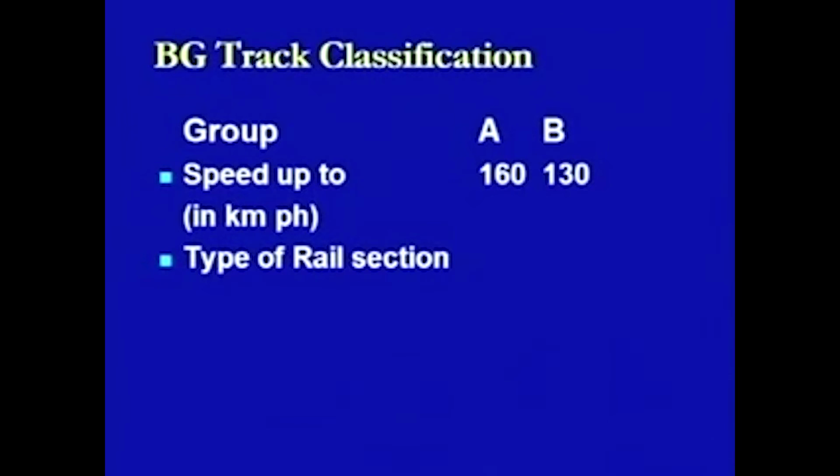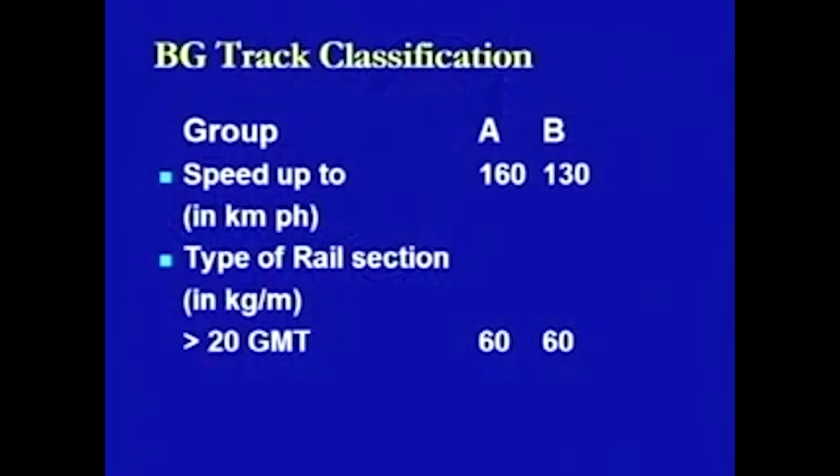Another aspect is the type of rail section which can be used. This is defined in terms of the kg weight per meter length of the rail section. That's one specific unit which is adopted in Indian Railways or in other railways too, depending on the units in which they are working.